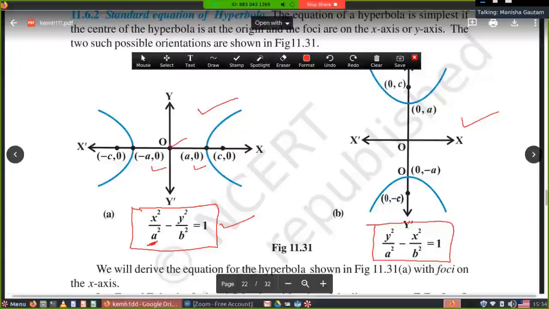A is always taken first, but x and y interchange their position when it is a horizontal or vertical hyperbola. So you have to remember this. If it is horizontal, then x square upon a square minus y square upon b square is equal to 1. When it is vertical, then y square upon a square minus x square upon b square is equal to 1.